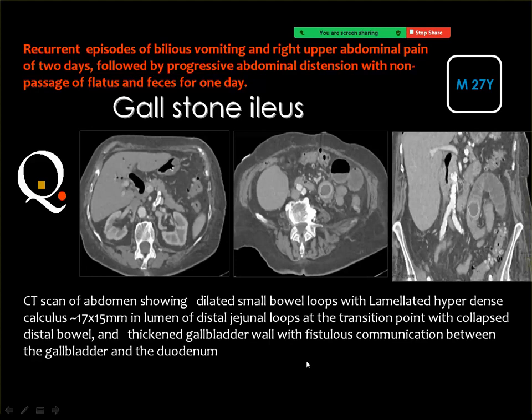All this triad is pathognomonic for the diagnosis of gallstone ileus. And some of the surgeons feel that this possibility, gallstone ileus, is rare in clinical practice. I say no. We frequently see some cases like this during the daily work, and this is not a rarity.